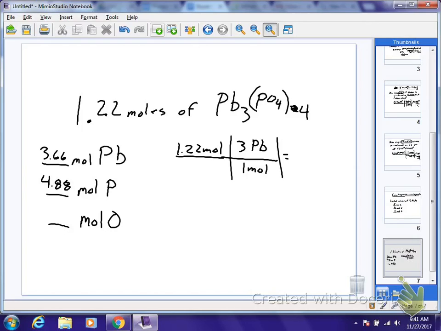Okay, and the last one, now before we multiply, how many do we have? Oxygens? 16. So how many moles of oxygen do I have? Somebody calculate that for me. 19 point what?